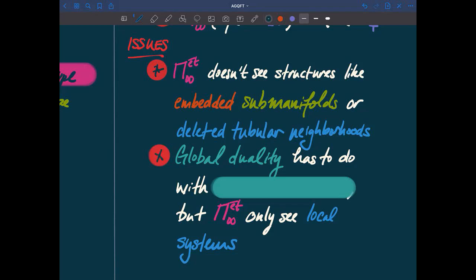Perhaps in the same vein, global duality was a statement about a constructible sheaf on spec of your number ring. So global duality has to do with constructible sheaves. But the étale homotopy type can't see all constructible sheaves. It can only see the local systems.